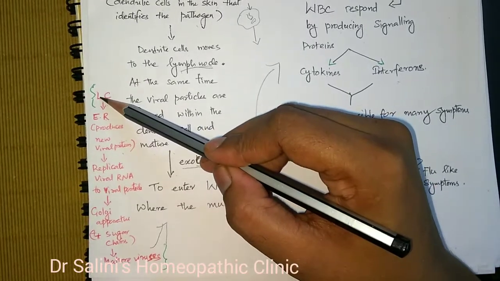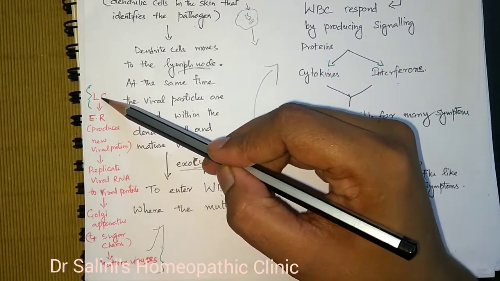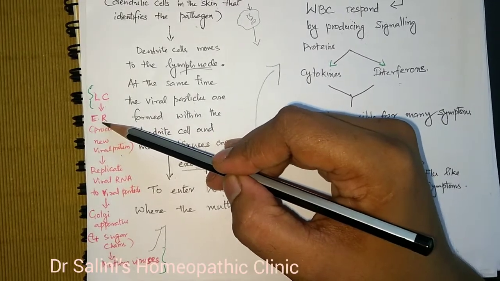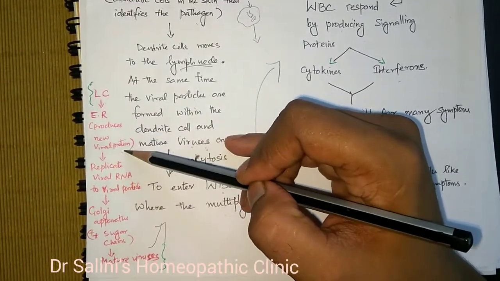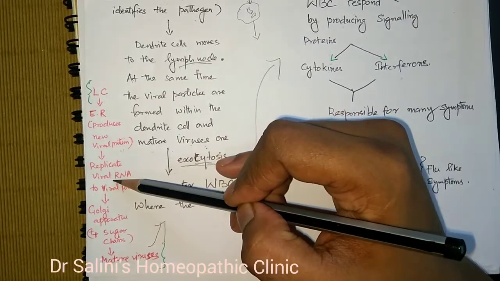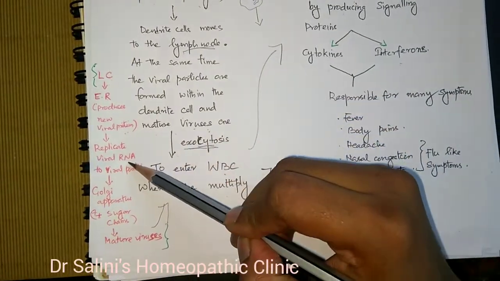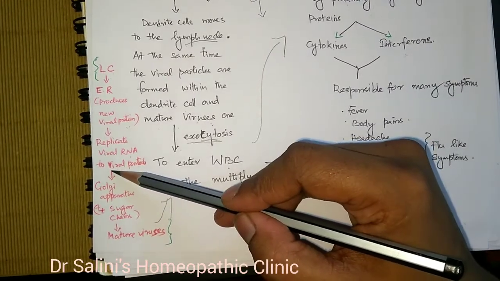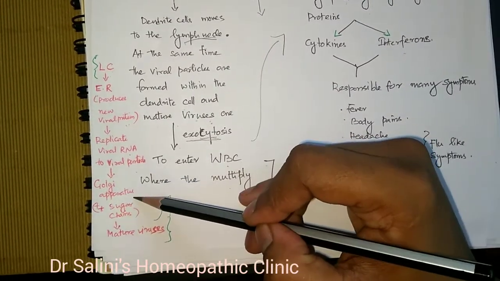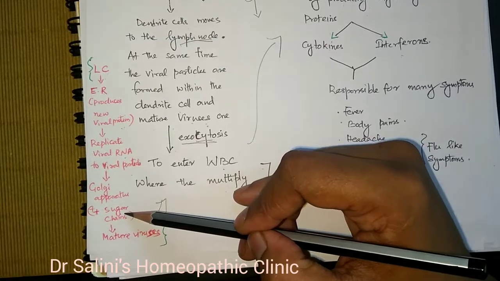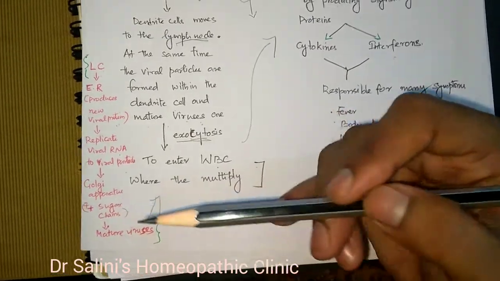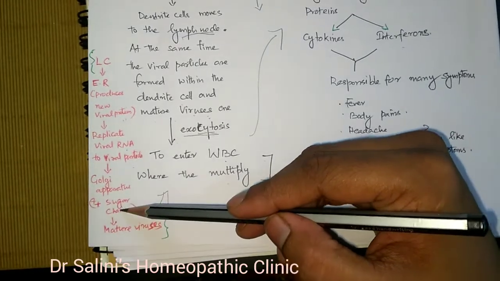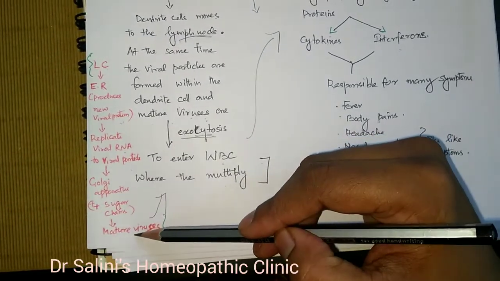In short, the virus will attach to the Langerhans cells and enter inside the endoplasmic reticulum, where they'll produce the viral protein, whereby there will be replication of the viral RNA into the viral particle. Then, via the Golgi apparatus, they'll attach the required sugar chains and glycoproteins, as much as they need. This whole process thereby makes them a mature virus.